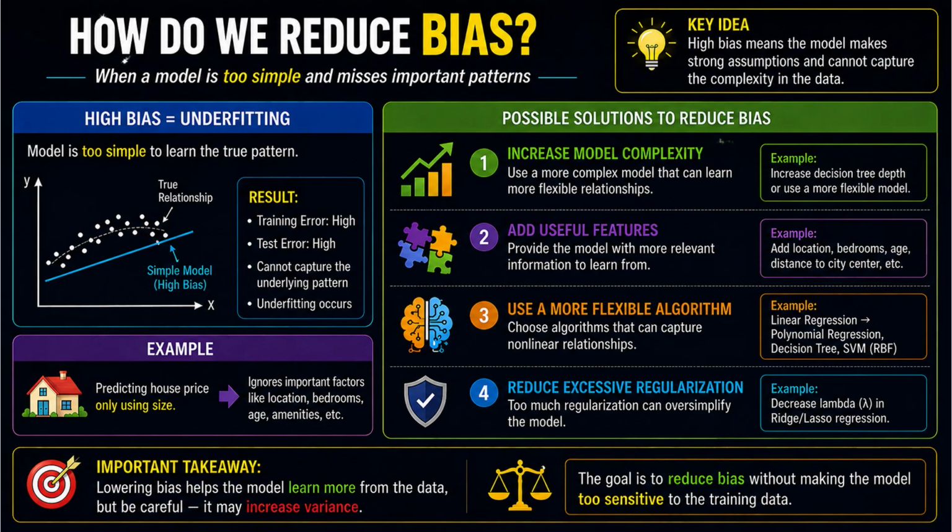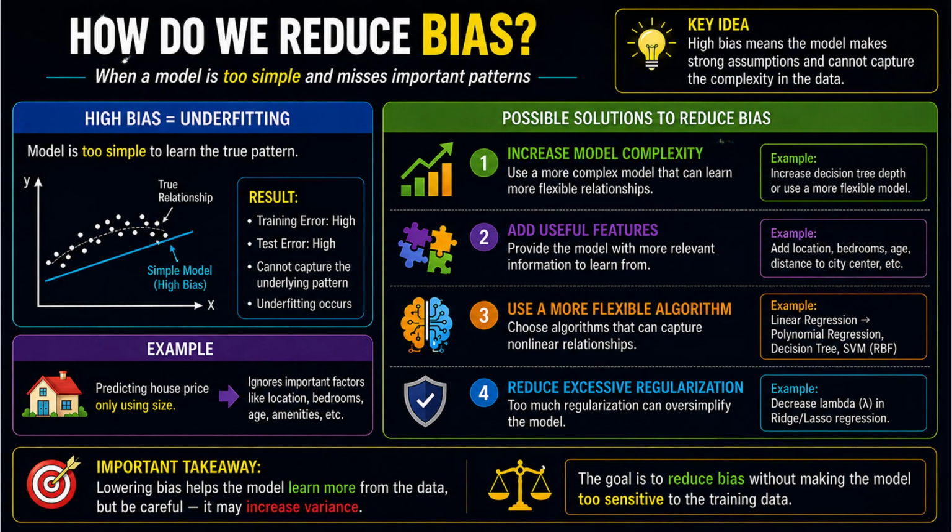So how do we reduce bias? When a model is too simple and misses important patterns, that's when bias happens. You can increase the model complexity. Use a more complex model that can learn more flexible relationships, for example, increase decision tree depth, or use a more flexible model. Add useful features: provide the model with more relevant information to learn from.